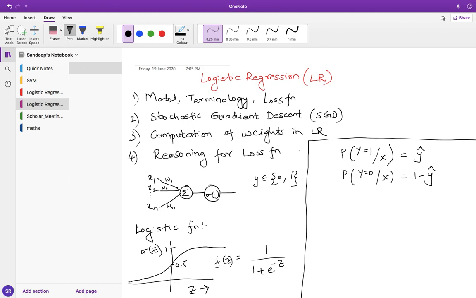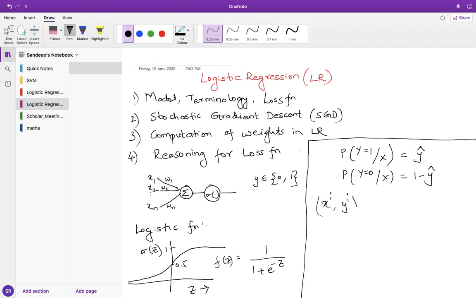Now we also need to know the terminology for representing different input data. I have said that x is an n-dimensional data. For the ith data, this is the ith input and its corresponding ith output, which is the class information.